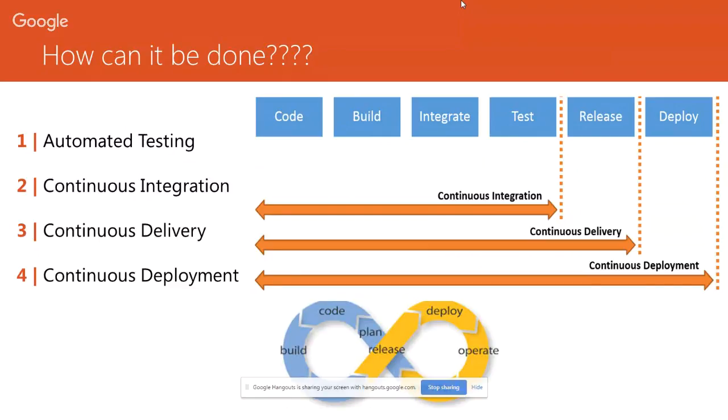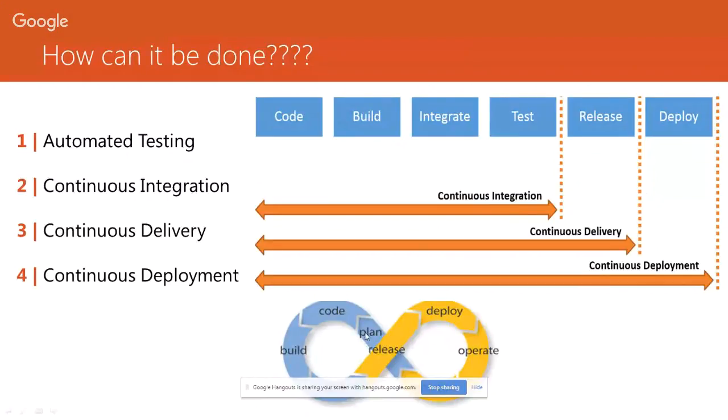And I have another image here which depicts how DevOps is implemented. So I will start with the planning phase. In the planning phase, a new feature is planned or a set of defects for fixing are planned by the product owner.